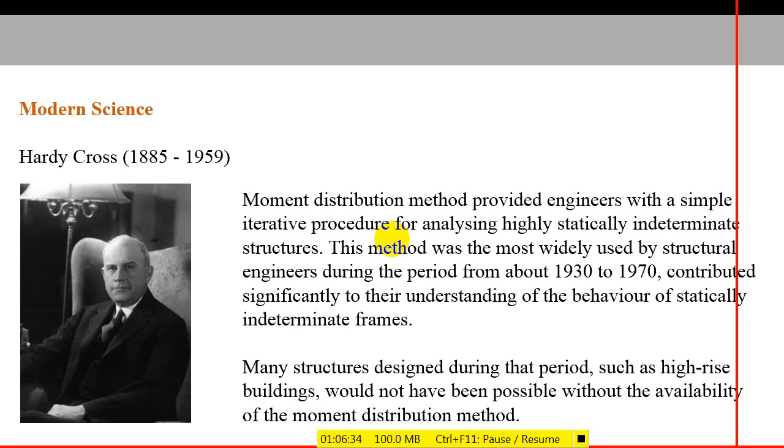Complex software is used only in big projects like 20 story, 50 story buildings, because moment distribution is capable of analyzing a simple structure.